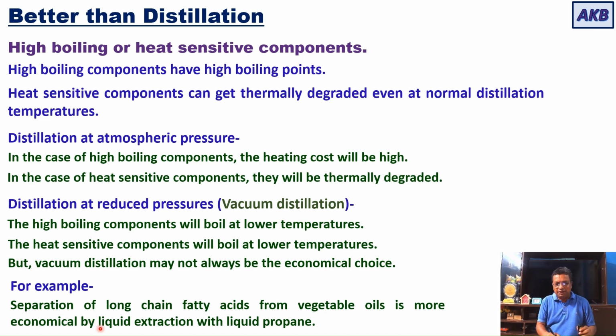The best example is you can separate long chain fatty acids from vegetable oils by liquid extraction with liquid propane as the extracting solvent. So I hope now you know where liquid extraction is better than distillation. First was separation of components from dilute aqueous solutions, and the second application is separation of high boiling components and separation of heat sensitive components.